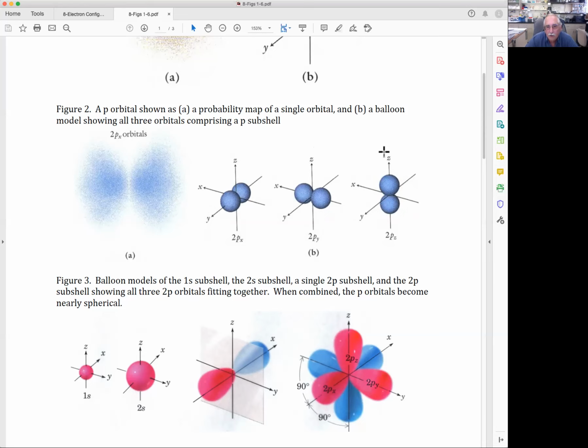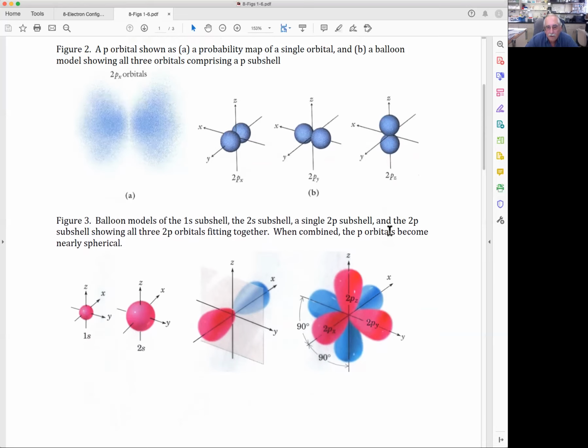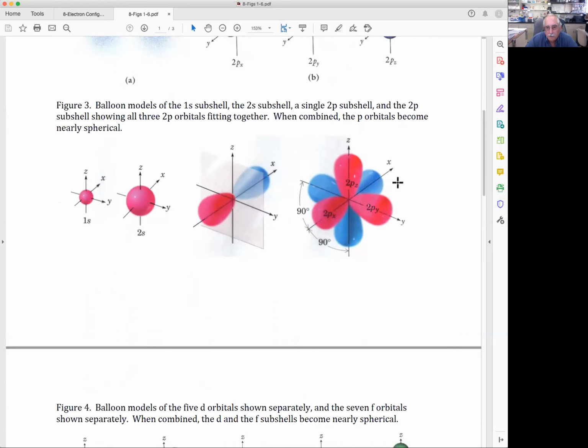And what happens when you put all of these together? You get something like this. So here's an S, smallest S, here's the next S, and then comes a P. And so when you put all the P's together, it does look spherical, doesn't it? But individually, they are not spherical.